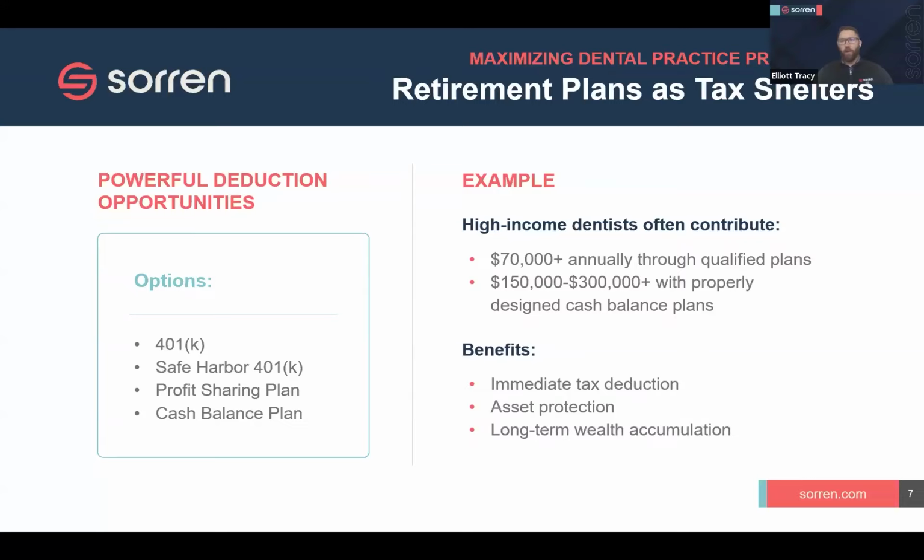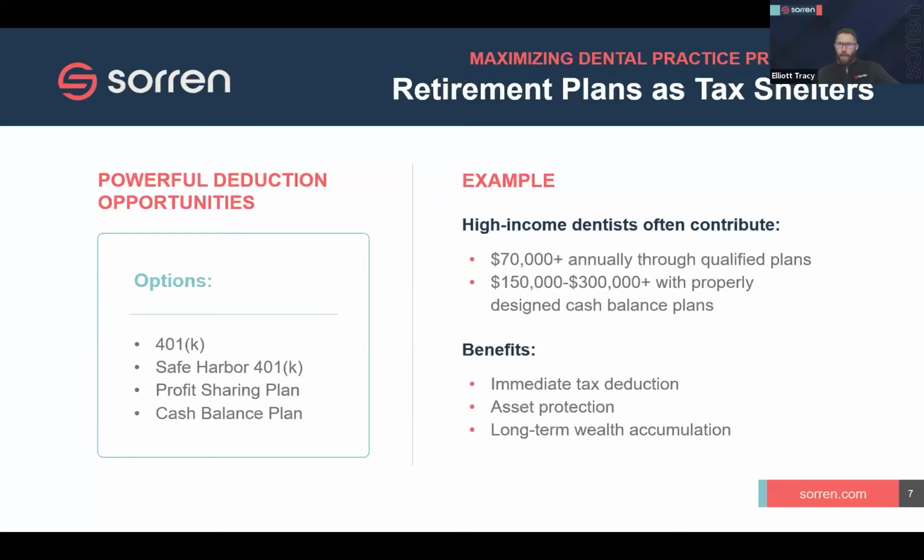And when that happens, generally that means taxes will be higher, right? You don't have the interest deductions anymore. You generally don't have the depreciation from the dental equipment and other assets that you have purchased, the goodwill. Those things have all ended after 15 years, except for new equipment, obviously, that gets purchased. That's where this cash balance plan comes into place.